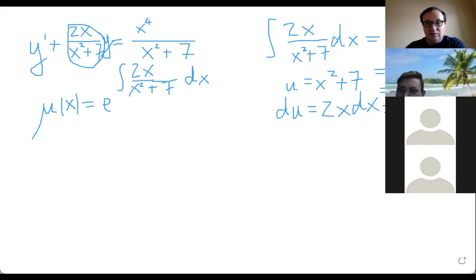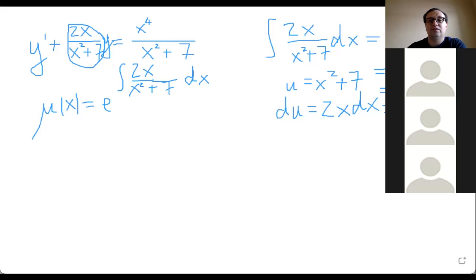But when we solve linear equations by this method of the integrating factor, there is no need to retain the constant. So any integrating factor will work. So then we should choose the simplest one, which involves just e raised to the natural log of x squared plus 7 without a constant. So c is not needed.